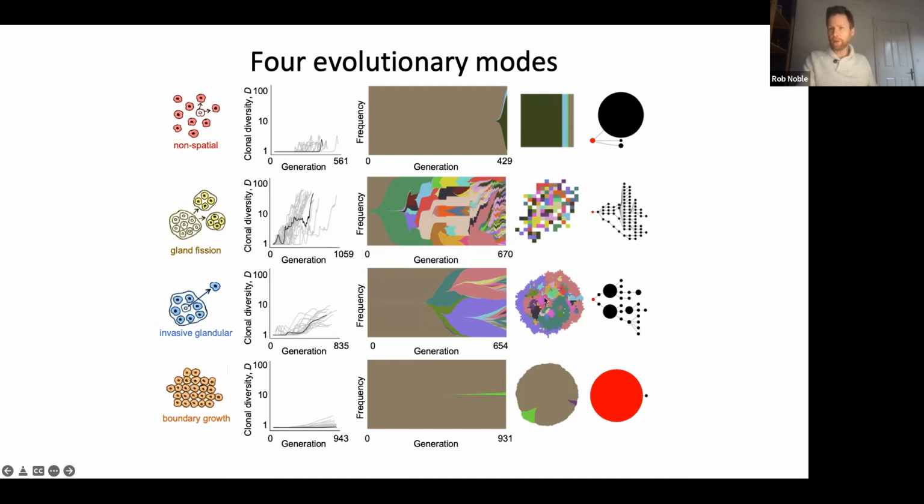So that accounts for the pixelation. You have larger glands, and the color assigned to the gland in that spatial layout corresponds to the most common genotype within that gland. But within each gland, there's also a lot of diversity, and that accounts for the diversity in the tree.